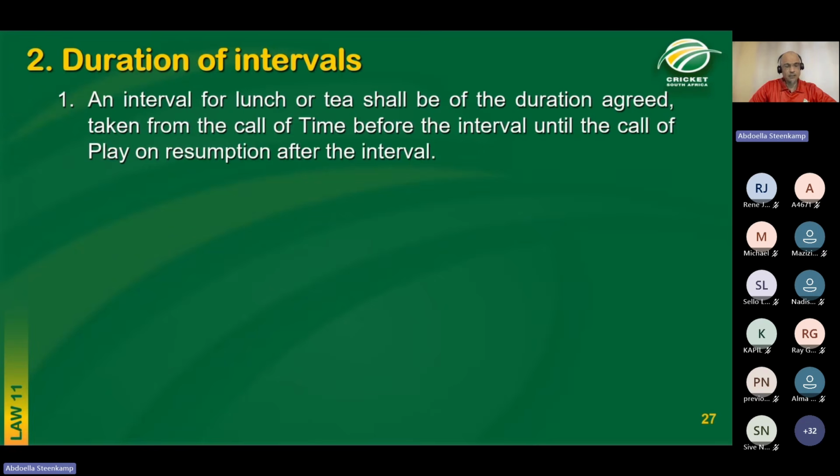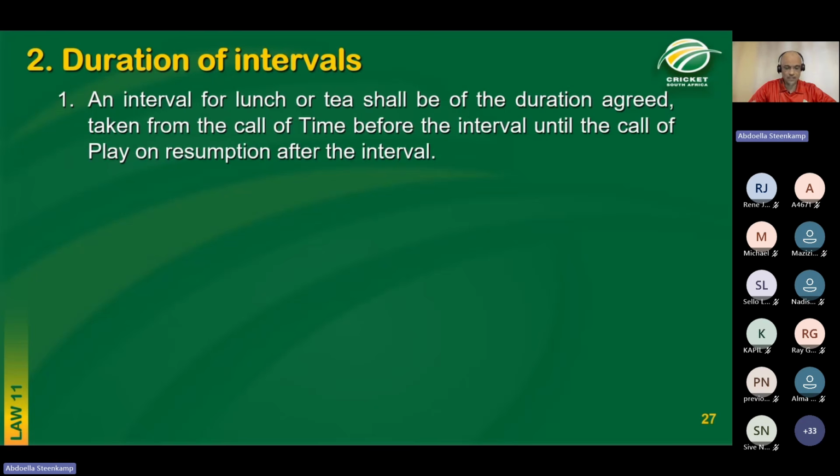I've just mentioned that the governing body usually decides how long these intervals are to be. All the law tells us is, whatever the governing body decided in terms of the length of these intervals, we, the umpires, need to make sure that the players enjoy the agreed length. An example, let's say lunch in our Test match is at 12 o'clock.